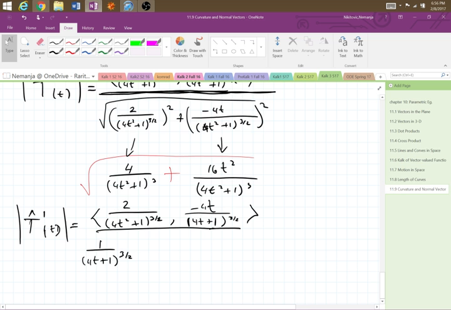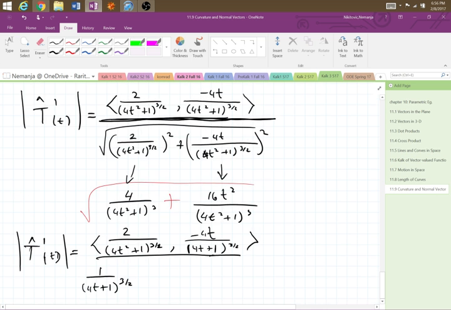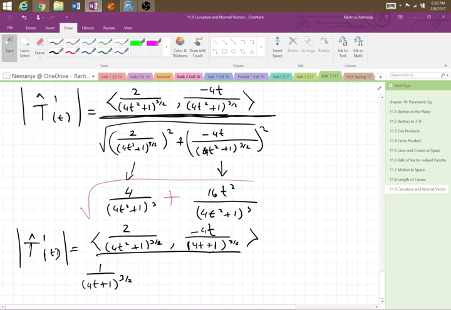And that's a 4. Plus 16t squared. 4t plus 1 to the 3 halves. Again.